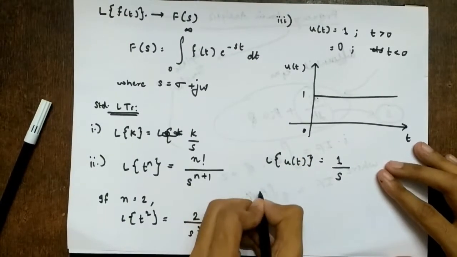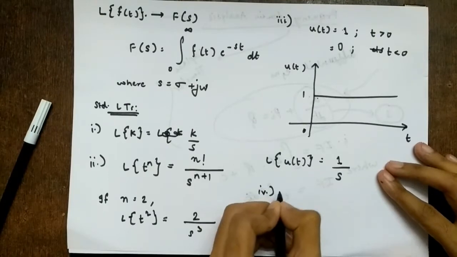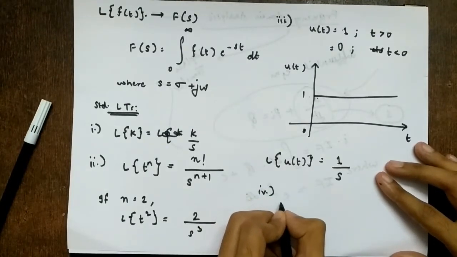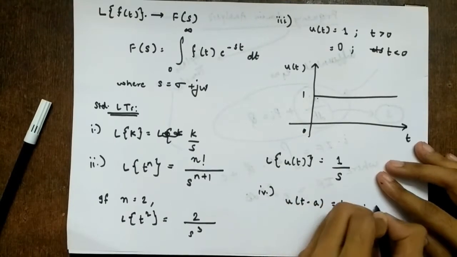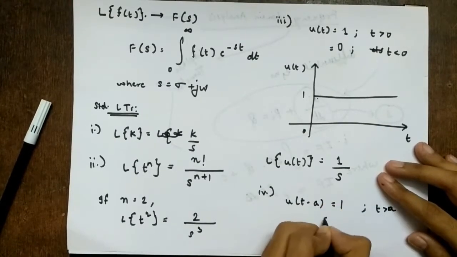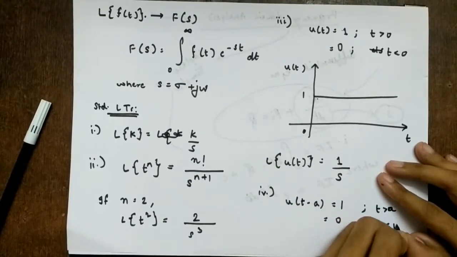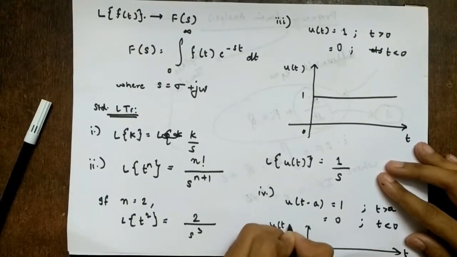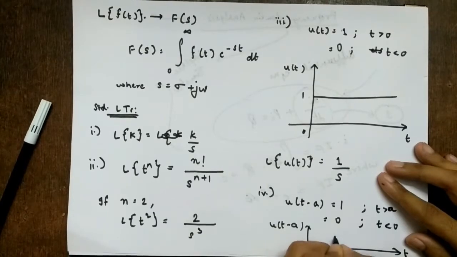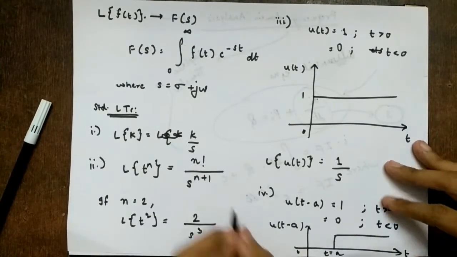Then you have the delayed unit step function, which is nothing but u of t minus a. It is 1 for t greater than a, and 0 for t less than a. So how will it look? This will be t, this will be u of t minus a, and it will start at t equal to a. Here it is 0.